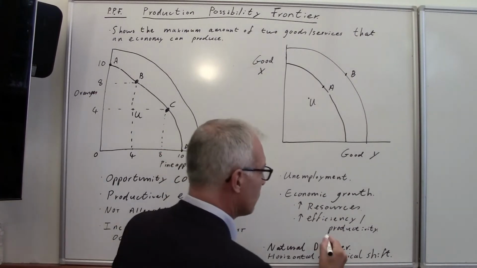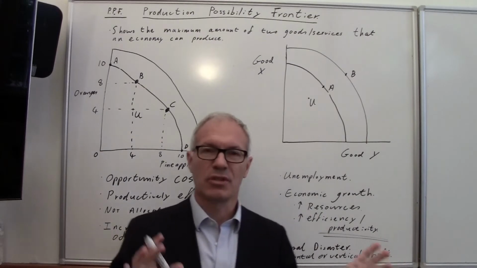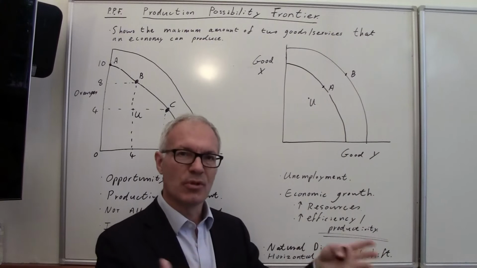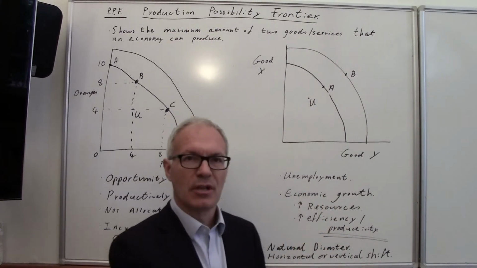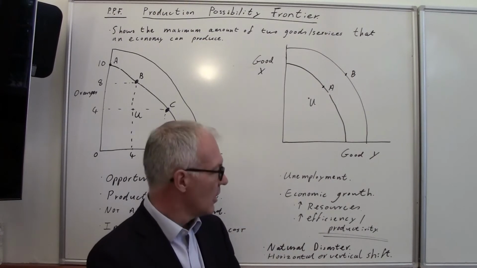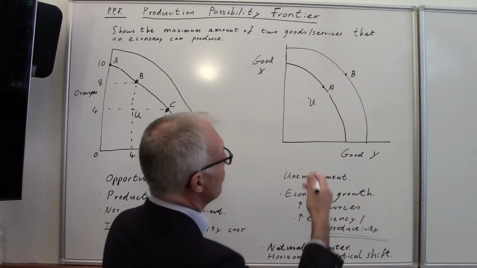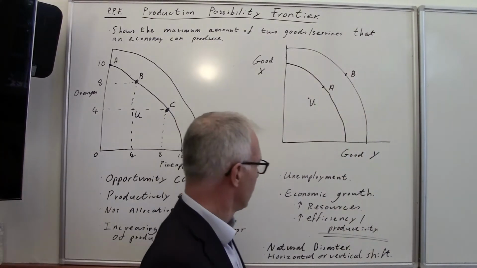Okay. Right, another method which has been very significant for the past few hundred years since the Industrial Revolution is an increase in productivity. Productivity is perhaps the most important word in macroeconomics. And it means basically output per person. If we employ more technology, better capital, we can increase output per person. Therefore, the PPF will shift outwards to the right. Okay.